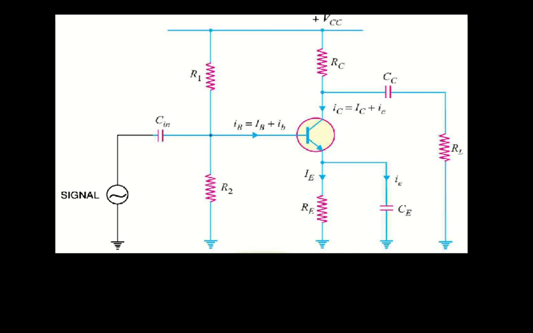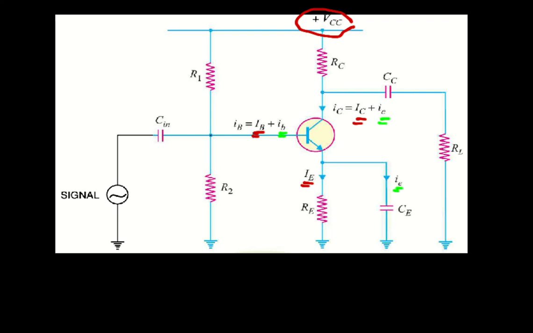The DC source that is connected here, the VCC, is responsible for the DC currents and DC voltages in the circuit, and the signal which is supplied to the circuit is an AC, which is responsible for the different AC voltages and AC currents through the circuit.